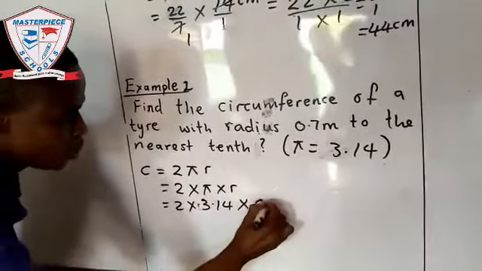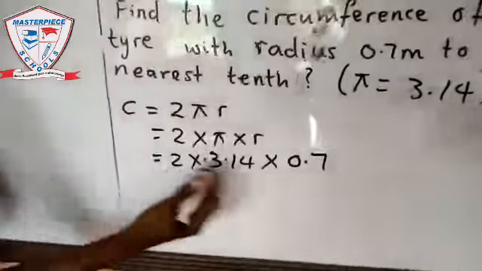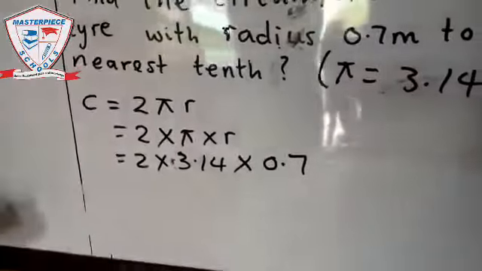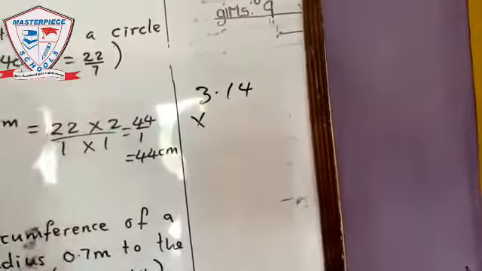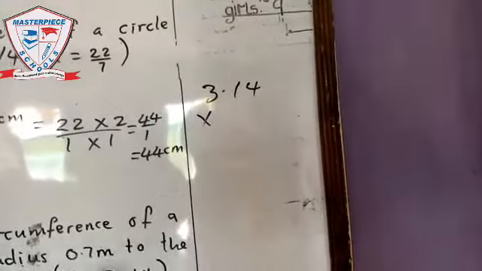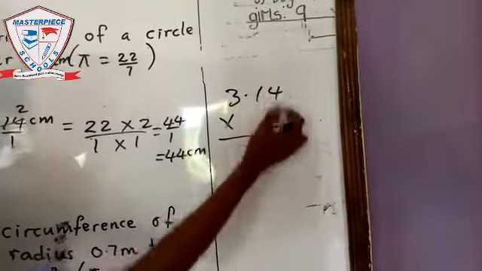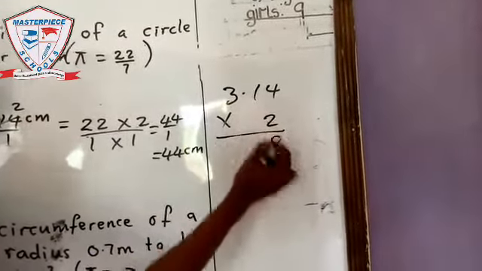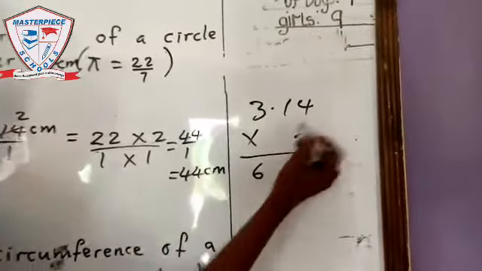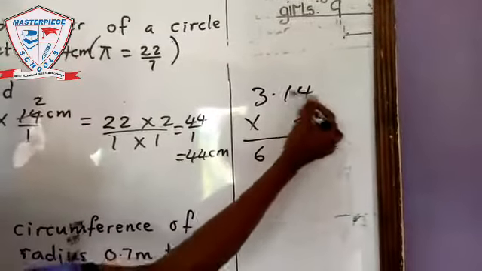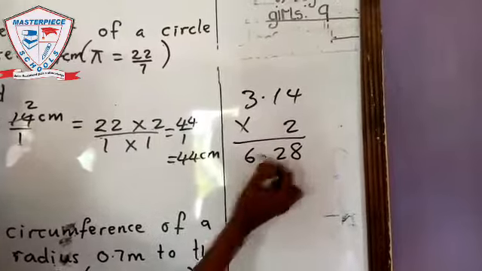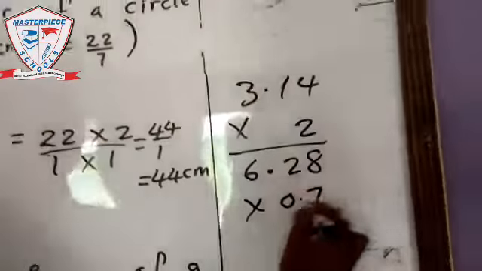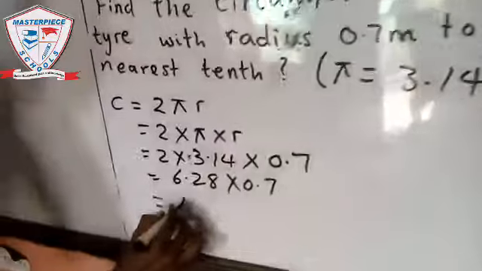Let's do the multiplication here. You have 3.14 multiplied by 2. 2 times 4 will give you 8. 2 times 1 will give you 2. 2 times 3 will give you 6. How many numbers after the decimal point? 1, 2. So you count 1, 2. Then you multiply by 0.7 here.